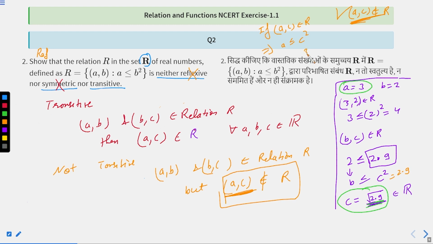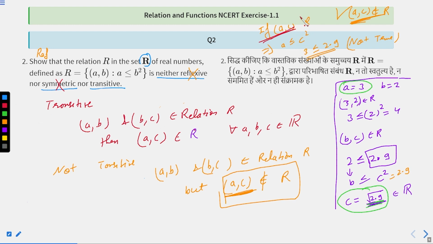A is 3 and C squared is 2.9. Is this true? No, not true. So our assumption was wrong, which means (A, C) does not belong to R.